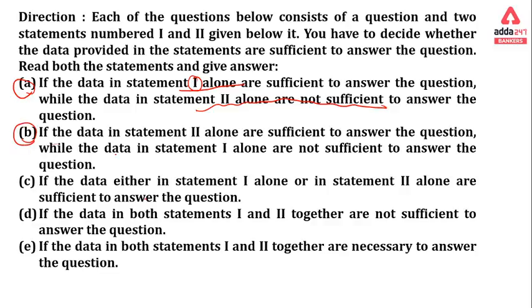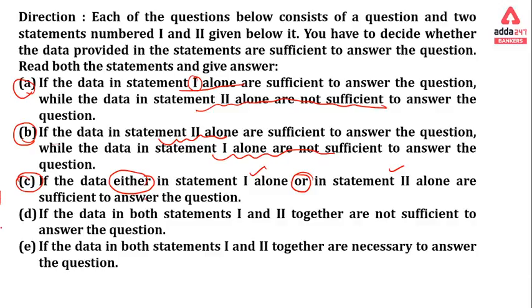When we go with option B, that means statement 2 is sufficient and 1 alone is not sufficient. We will go with option C when both statements provide the answers but different answers, that means either or.